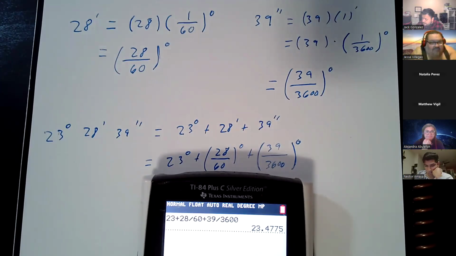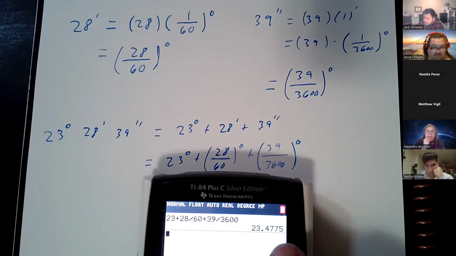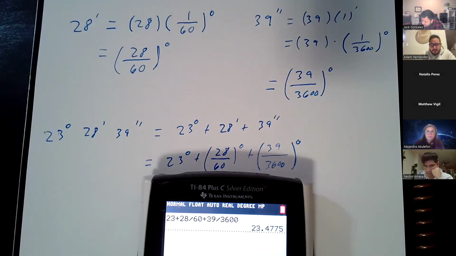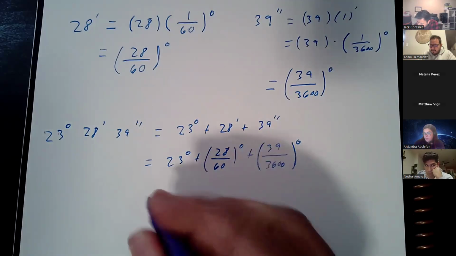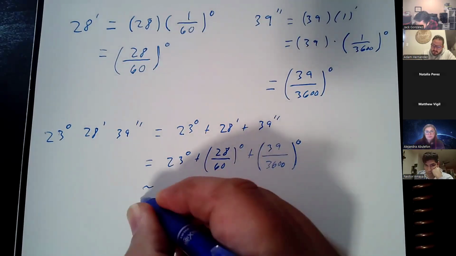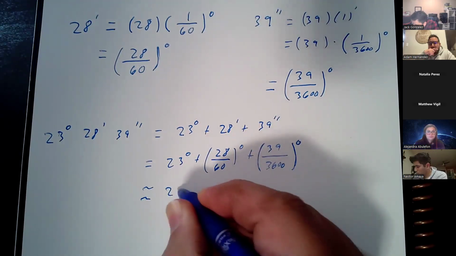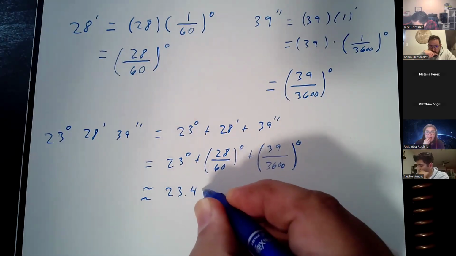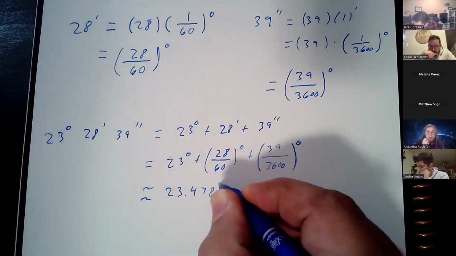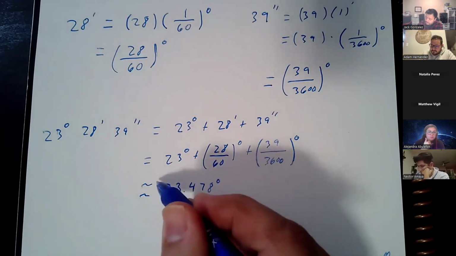That'll be 23.4775. But they want us to round to the nearest thousandth. So what would be our answer? Right. Yeah. 23.478. Yeah, so this is roughly 23.478 degrees. So this is the answer they want.